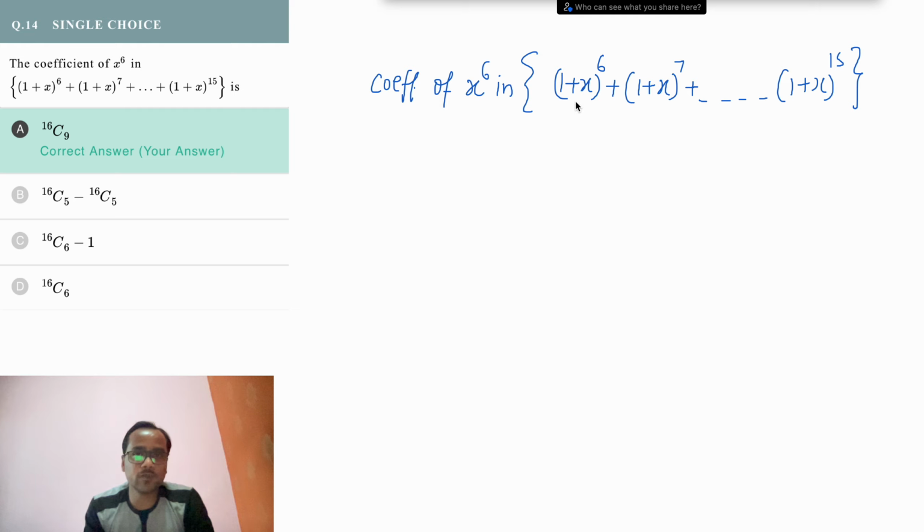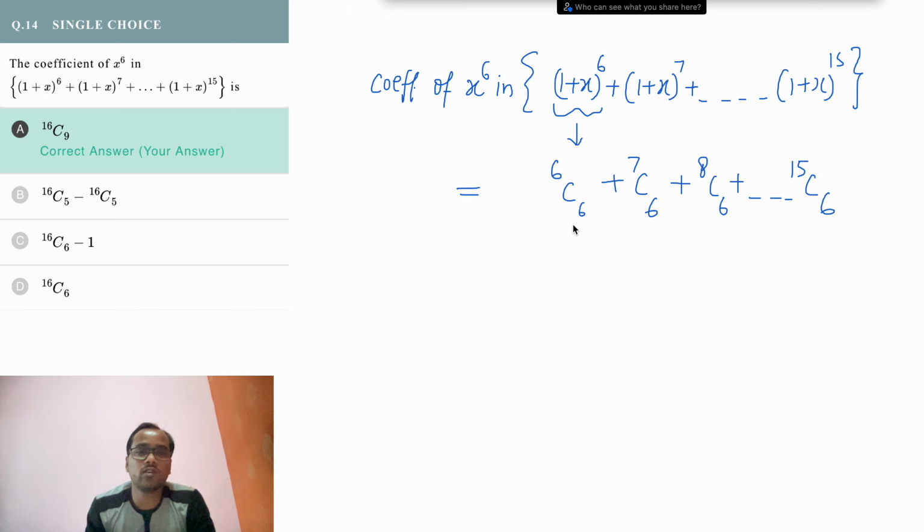So the coefficient of x raised to power 6 in these is 6c6 plus 7c6 plus next 8c6, and so on it will go. In the last term the coefficient of x raised to power 6 will be 15c6.